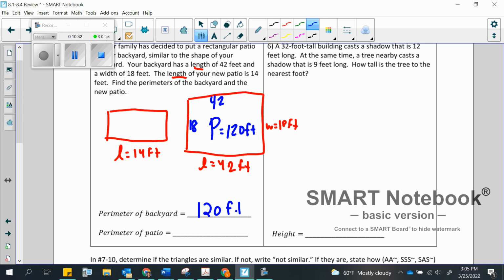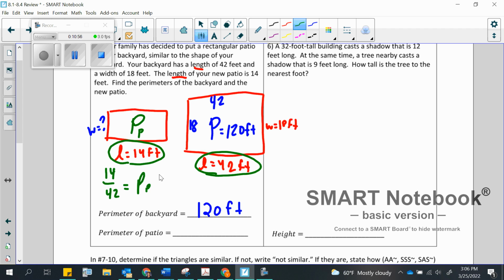We didn't have to do too much to find that. But we now need to find the perimeter of the patio. We do not know the width, but we don't need to because we can create a scale factor. So we could say our scale factor, dividing the two lengths, is 14 over 42, and that's equal to the perimeter of our patio, I'll call it P, over the total perimeter of the backyard.